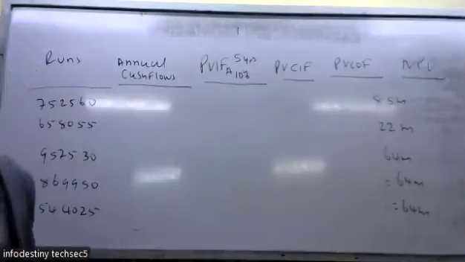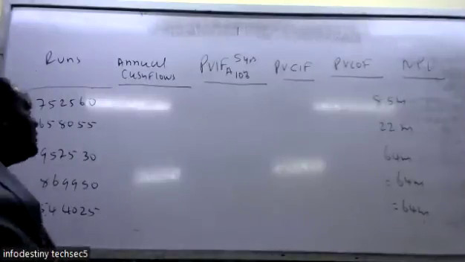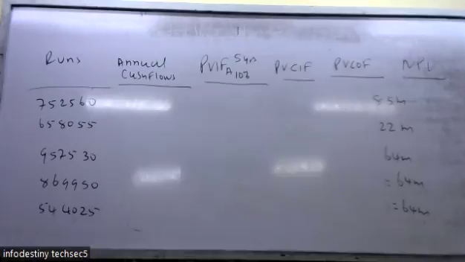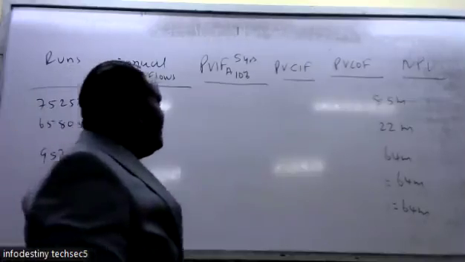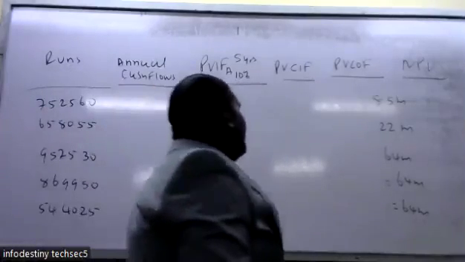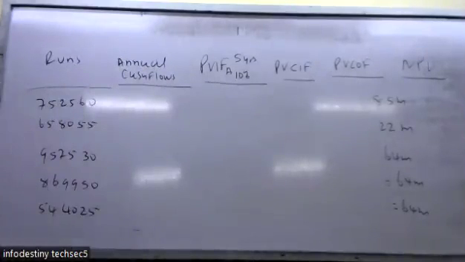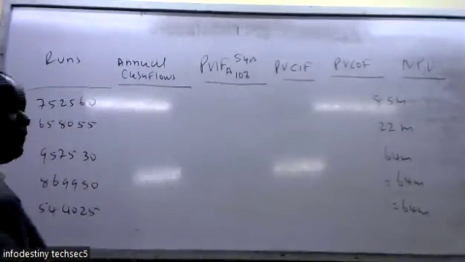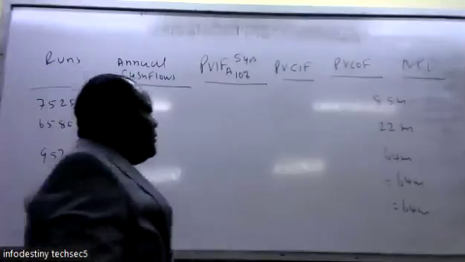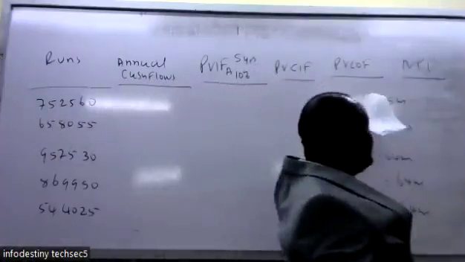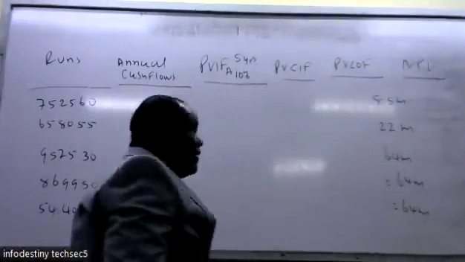You have the runs, then annual cash flows, present value interest factor for the annuity, 10% for 5 years, present value for the cash inflows, present value for the cash outflows, then NPV. You see those annual cash flows.